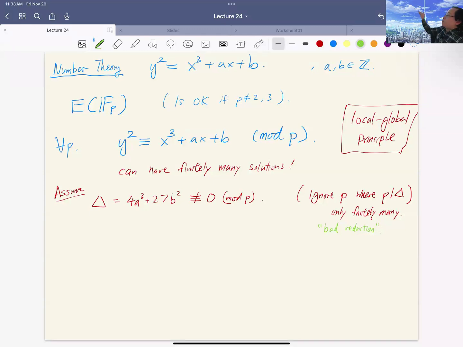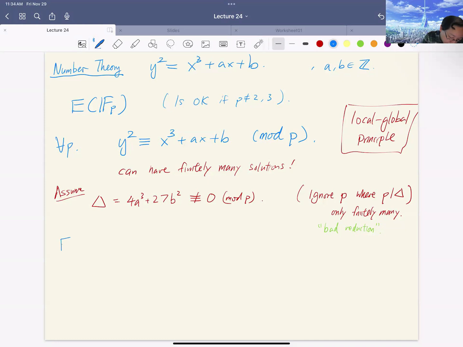So now the question is, how many solutions do you expect to have by counting? How many solutions to this equation do you expect to have mod p? Well, we can treat the right-hand side, the x cubed part, as uniform over all numbers, because we don't know what it is anyway.